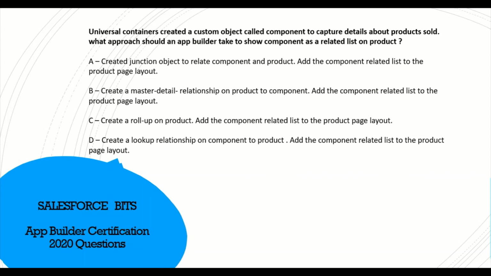So I would go with option B to create master-detail relationship, because for each product you sold, you're going to capture the details about that. Or I'm thinking D can also be an option. So I would say both B and D. Here in the slide you can only see B, but do double check. I didn't do a deep dive into this, but that's just my thought.